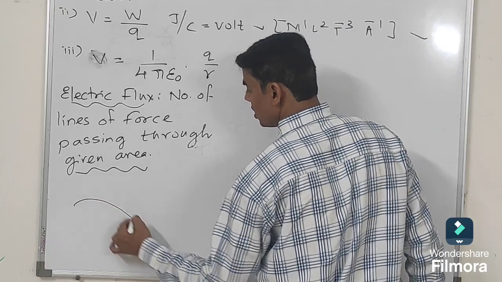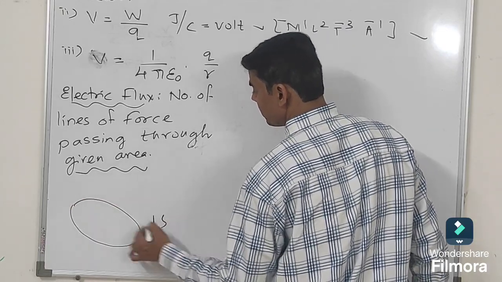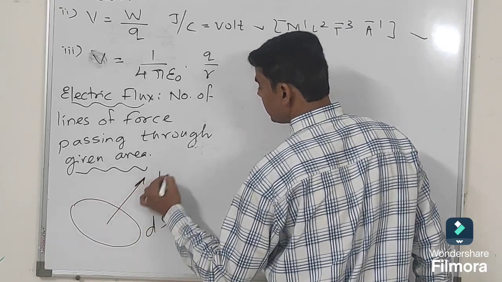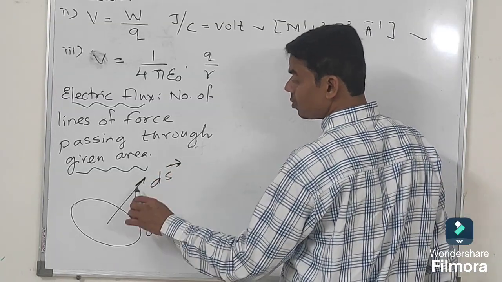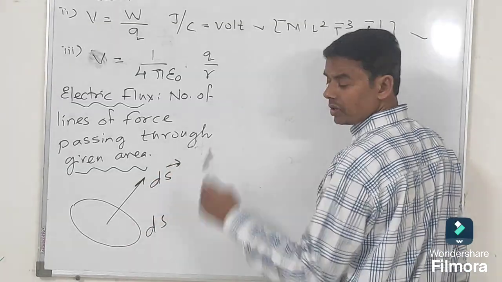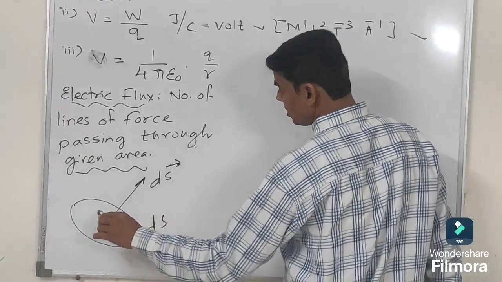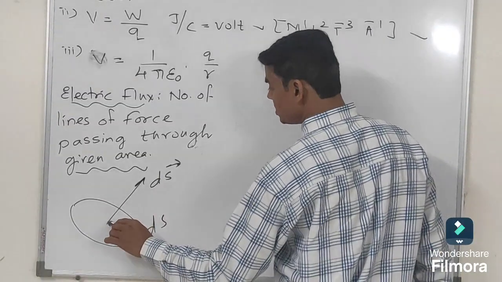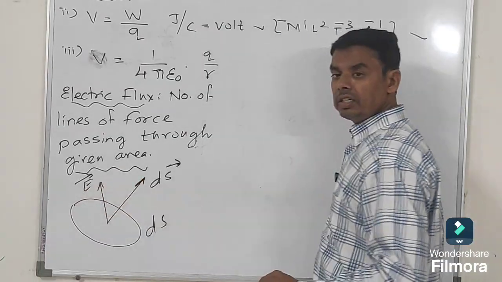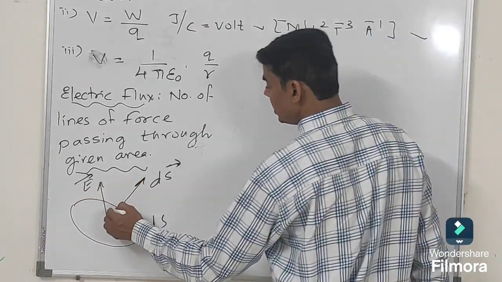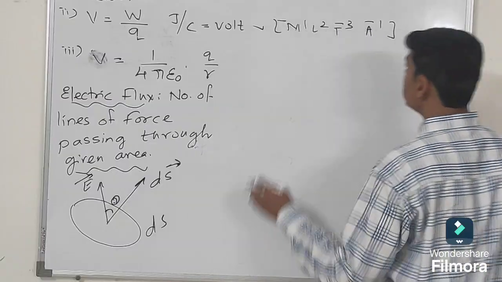Suppose that we have this area ds, let this be area vector ds bar. What is area vector? A vector drawn normal to any surface and directed outwards. So this is the area vector drawn normal to this particular surface. Let E bar be the direction of electric intensity due to charge present over this surface, and let theta be the angle between E bar and ds bar.